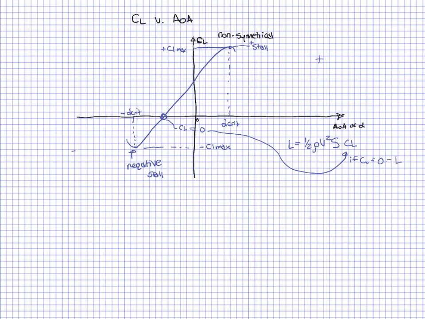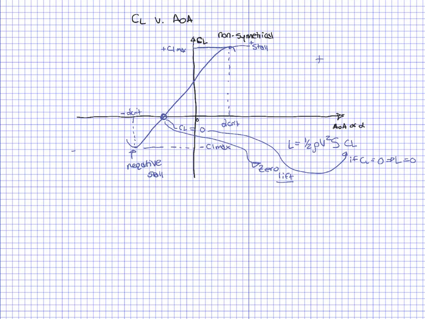Then lift is 0. I'm not producing any lift. That point is very important. It's the point of zero lift. This is an important point because I don't have lift. So lift is 0, I'm not producing any lift.